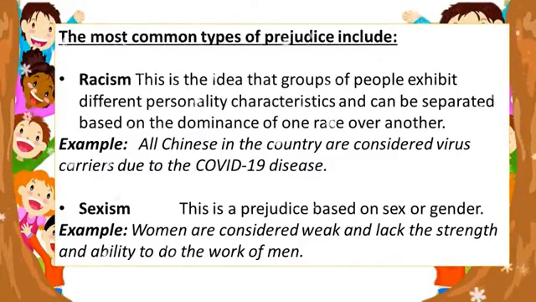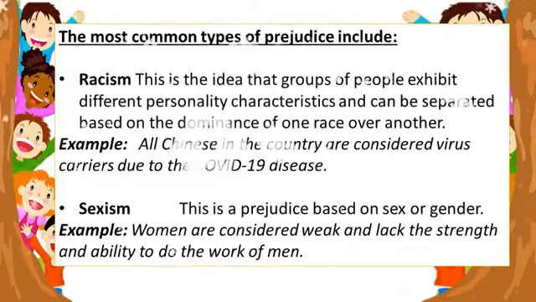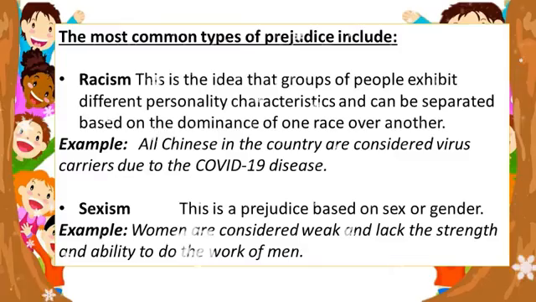Because women are not given a chance compared to men. What men can do can also be done by women. So there is always gender inequality. Of course, women empowerment.